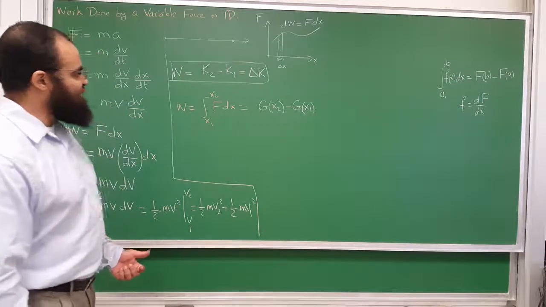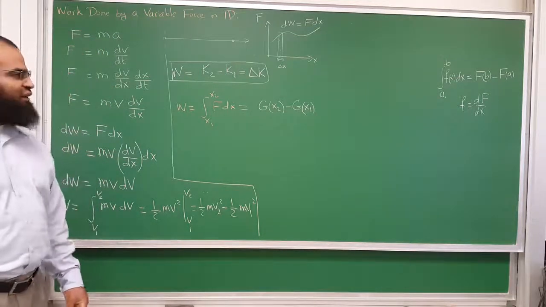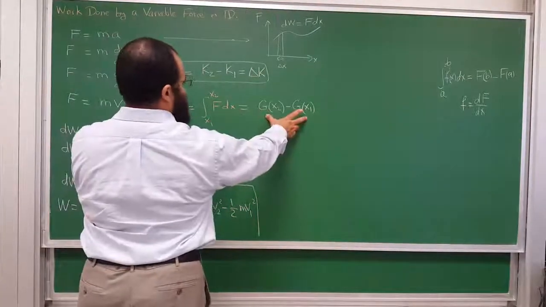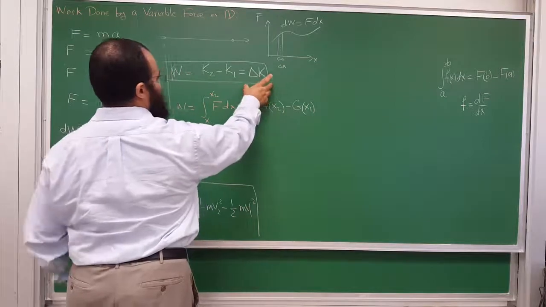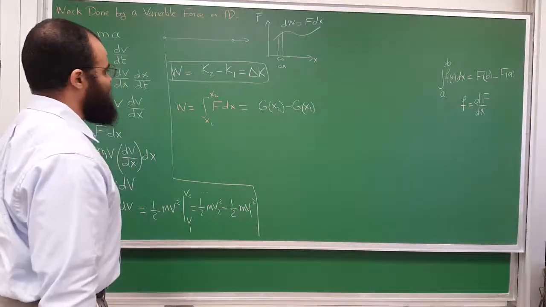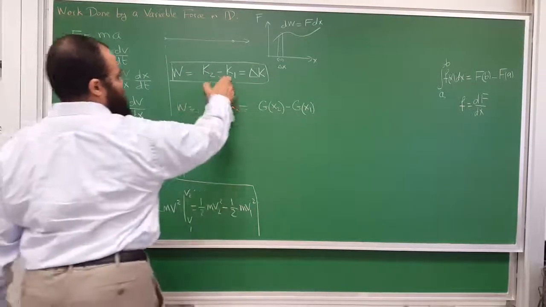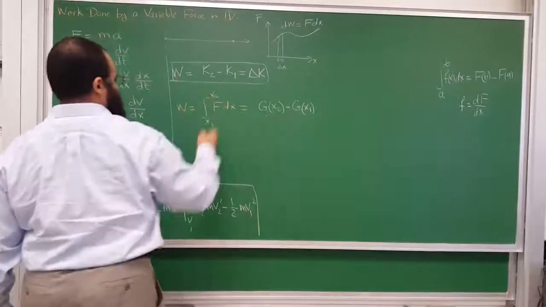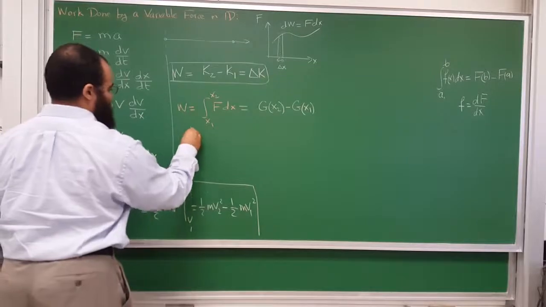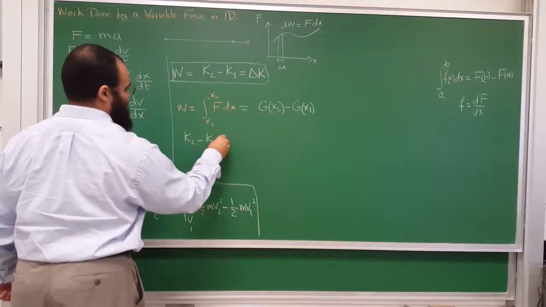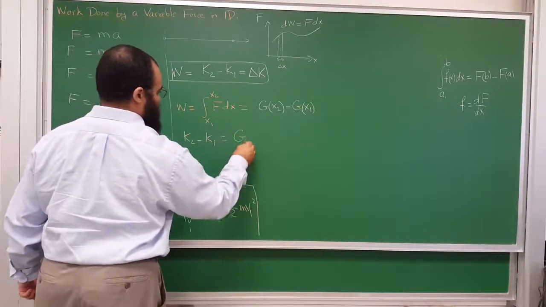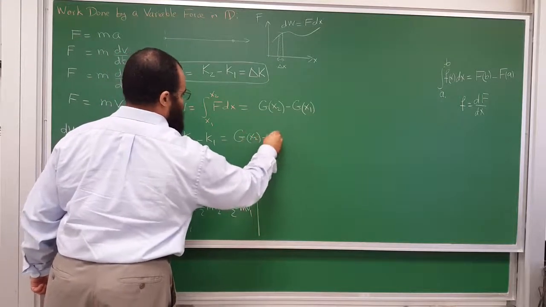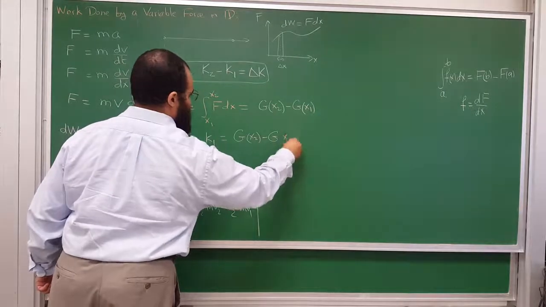But aesthetically speaking, this will not look good. So let's see what this is saying. You've got the work done is equal to this as a function of x, and in terms of the change in kinetic energy, it's equal to that. So the work is this, and the work is this. Let me write them down. So I get K2 minus K1 will equal G at x2 minus G at x1.